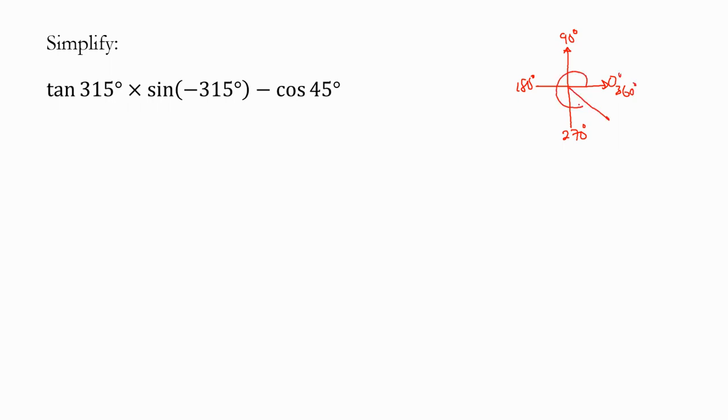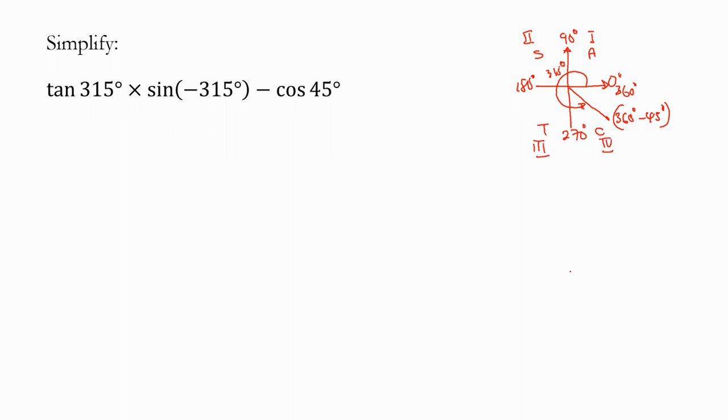Okay, so this is 315 degrees. So it's going to be 360 degrees minus 45 degrees. See that? Okay, right. And then remember the CAST diagram: quadrant 1, quadrant 2, quadrant 3, then quadrant 4.